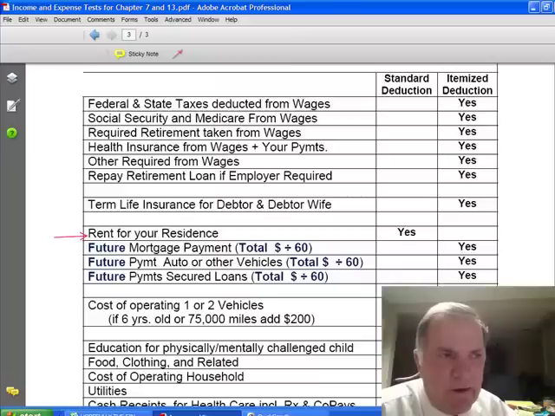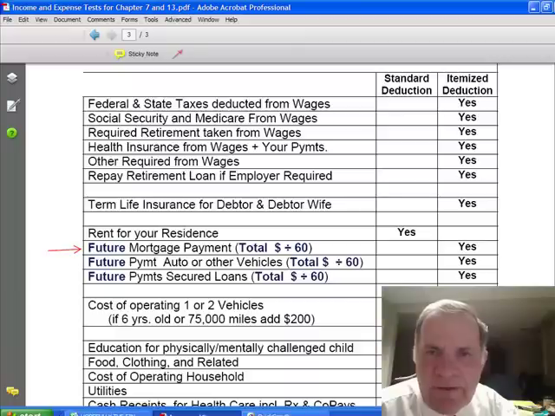Now, let's take your mortgage payments. If you'll notice, I have future highlighted, bold printed, and then I've got total money divided by 60. Let me give you an example. Let's say you've got a 30-year loan and you pay $800 a month.